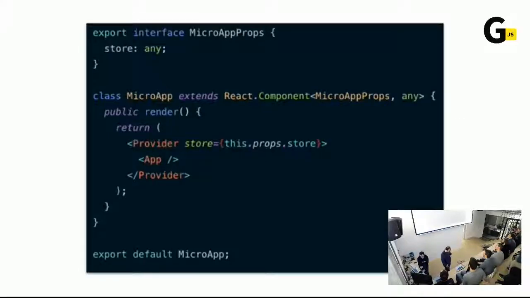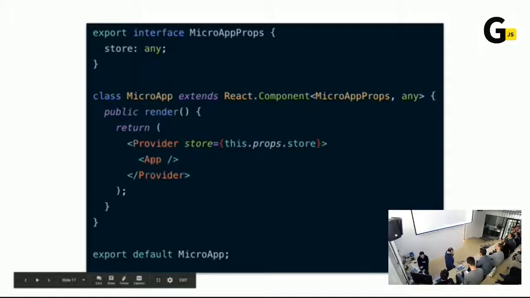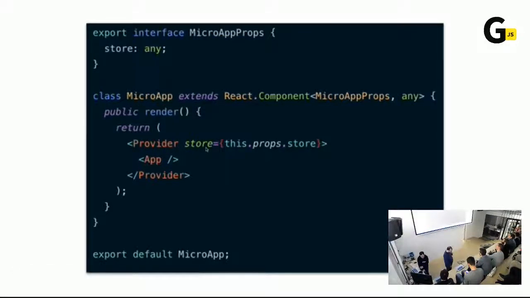So I have some code here. This is some React. So the only thing I did, I think everybody knows the Provider from React Redux and the store. Instead of using the own created store from your library, from your application, you just give the store as a property, as an input prop, and it's then up to the shell to give you the right store.